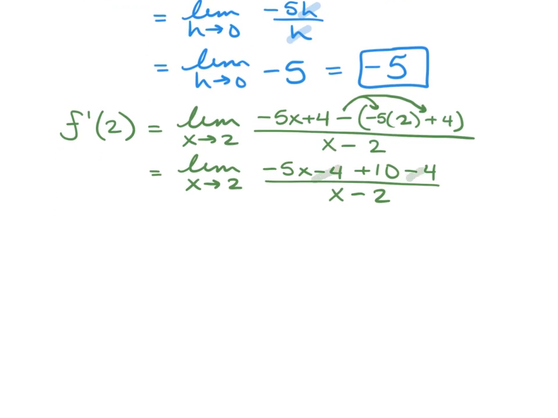The 4's cancel. So I have the limit as x approaches 2 of negative 5x plus 10 over x minus 2. I think you wrote negative 5x minus 4. Where? Is it supposed to be plus? Oh, it's supposed to be plus. Thank you. That way it actually cancels.